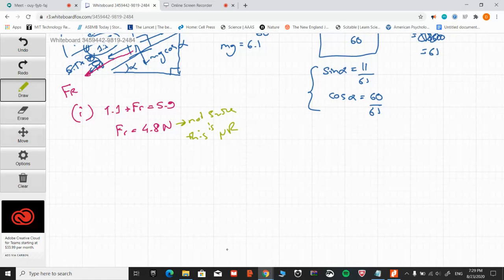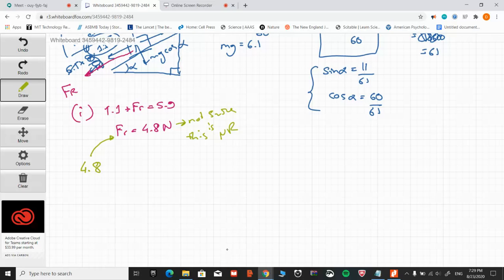We can say that the 4.8 Newton that we just found, which turned out to be the friction in this case, may be equal to the value of mu r. Maybe it is the maximum possible friction, but there is also a chance that this 4.8 may be less than the mu r value. হতে পারে যে the maximum possible friction in this situation was not required.